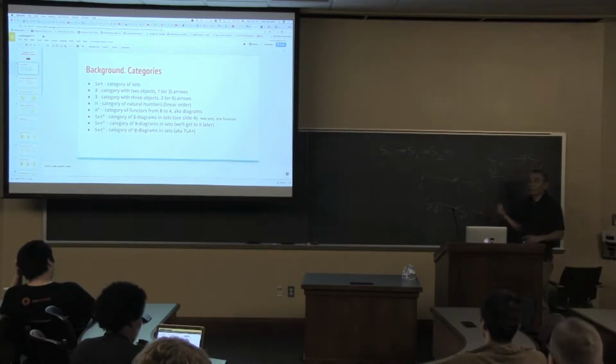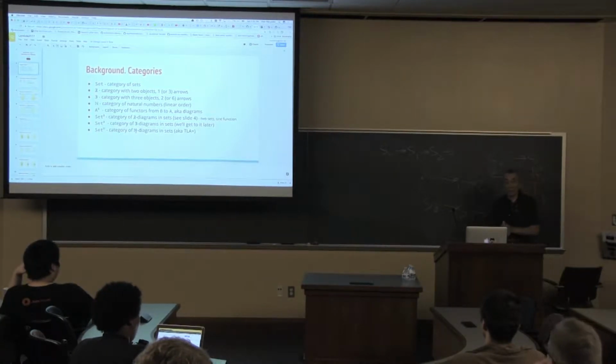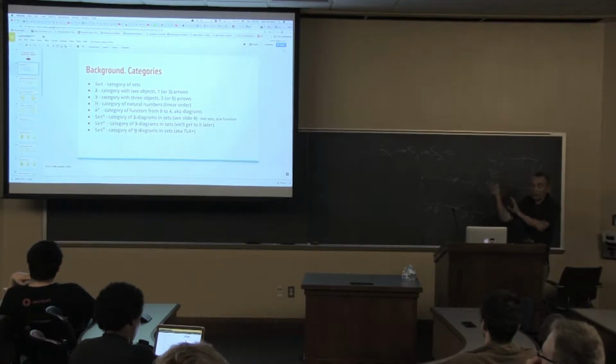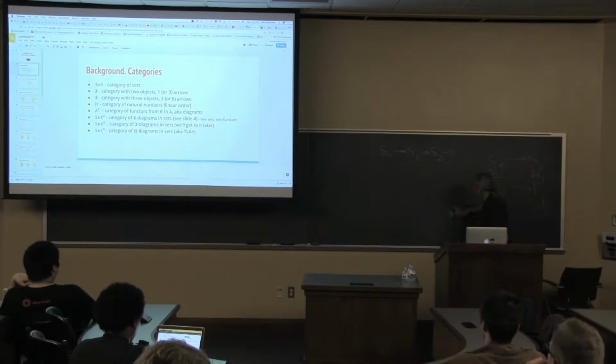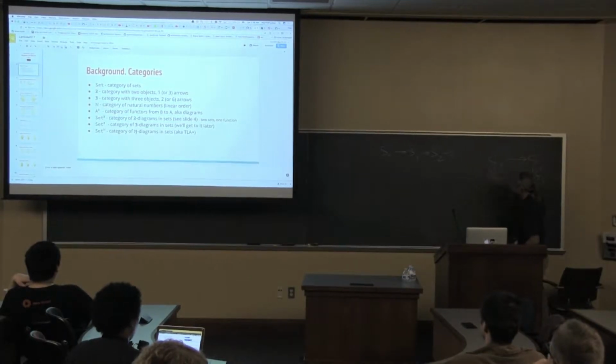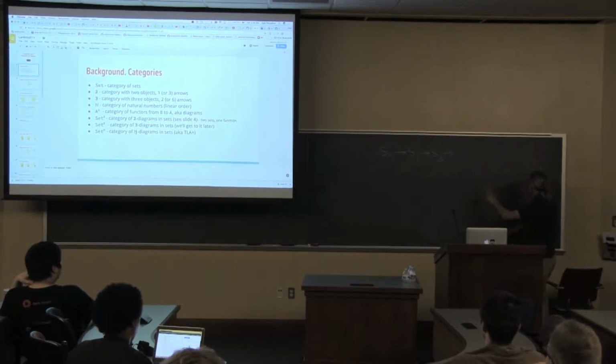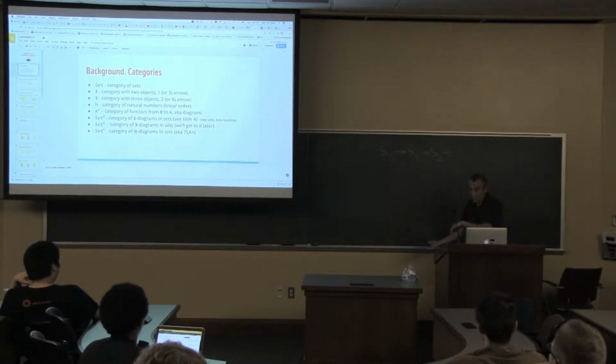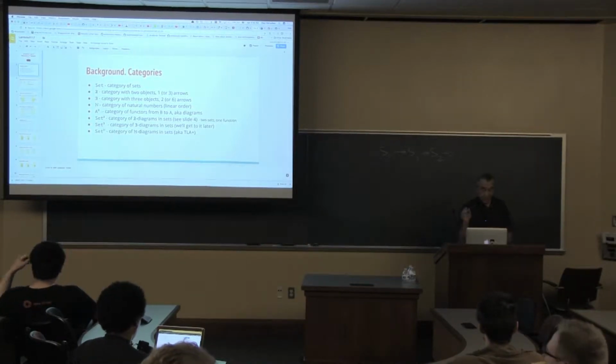If you are familiar with TLA+, temporal logic of actions by Leslie Lamport, that's the kind of category that is participating in all those discussions about the logic. So the question is, what's the logic? What's the difference between a logic in this specific case and a logic in set theory?